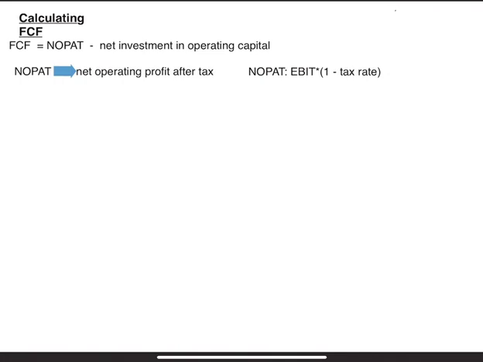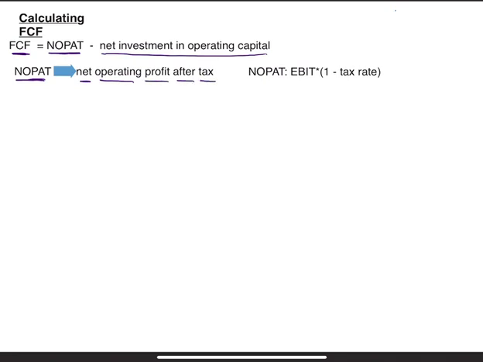So to calculate free cash flow, it's equal to NOPAT, which we will get to, and then we subtract net investment in operating capital. So what does NOPAT stand for? That is net operating profit after tax.